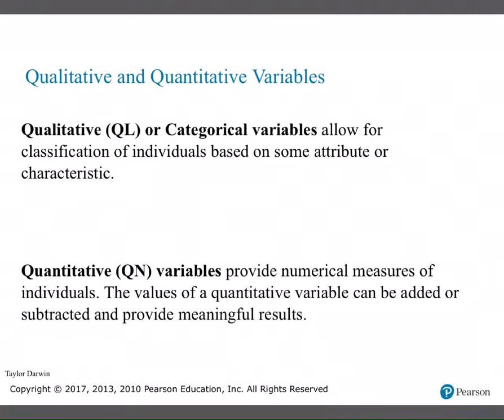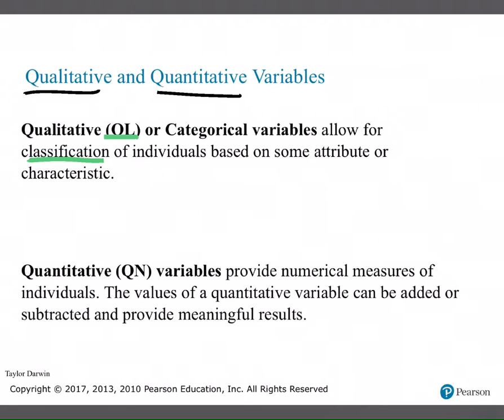There are two types, qualitative and quantitative. They look like they're spelled the same, except one has an L and one has a T. So qualitative, which we can abbreviate using QL, is also known as categorical variables, and it allows for classification of individuals. When I think of qualitative, I think it's not a numerical value.